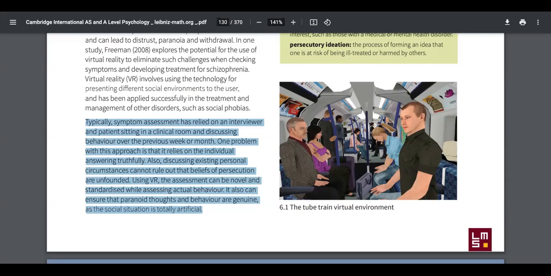So how does virtual reality help here? Virtual reality basically provides you with original thought processes and original behavior. When you are in that environment, you have complete access to how a schizophrenic person would behave.